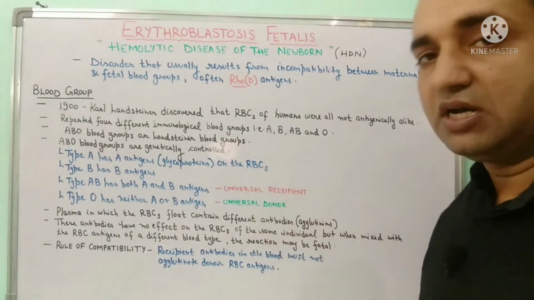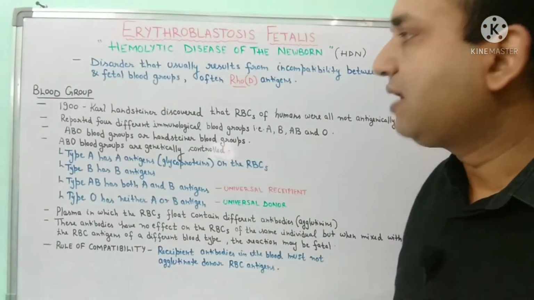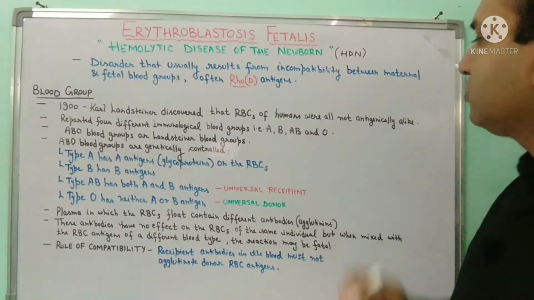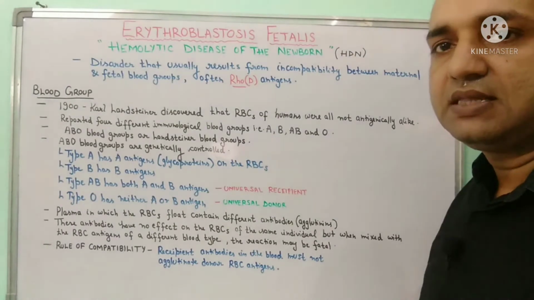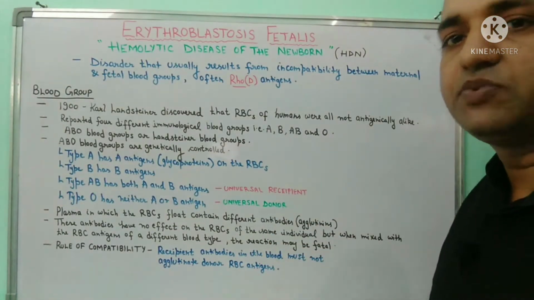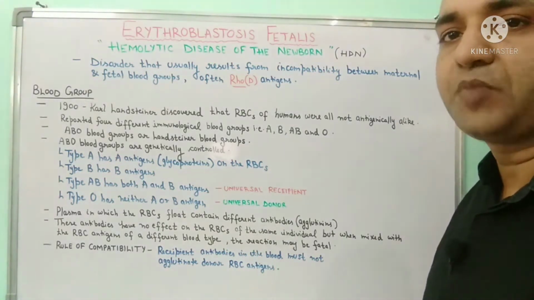So starting with the blood group, in the year 1900, Karl Landsteiner discovered that the RBCs of humans were not all antigenically alike. That means the RBCs of different humans possess different types of antigens.